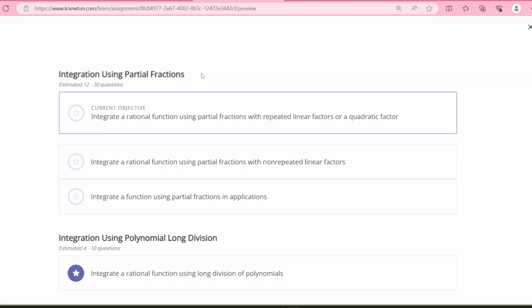You can switch between the objectives with the bold headings, but you can't switch to the individual objectives. So yes, I guess I could have, while doing the integration using polynomial long division, switched to integration using partial fractions.